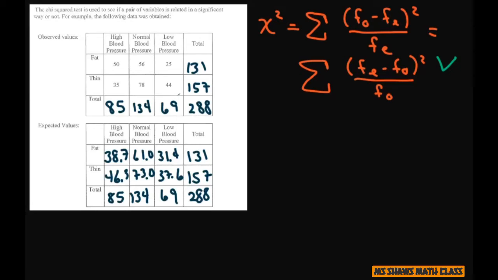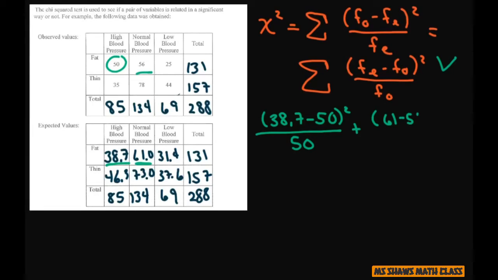I'm going to do my expected value minus my observed value, which is 50, squared divided by 50, plus, now let's take 61 minus 56 squared divided by 56, plus, now we're going to do this one, 31.4 minus 25 squared divided by 25.